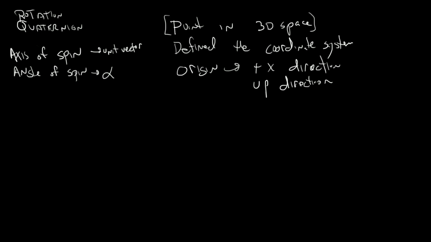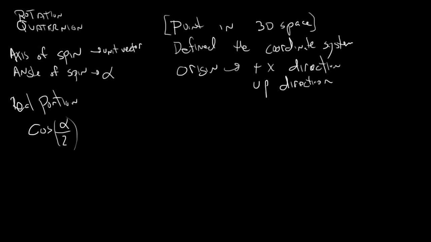The quaternion, to do a spin about this axis of spin and this angle of spin, is going to be the real portion. The real portion is going to be the cosine of the turn angle divided by 2. Okay, easy enough.